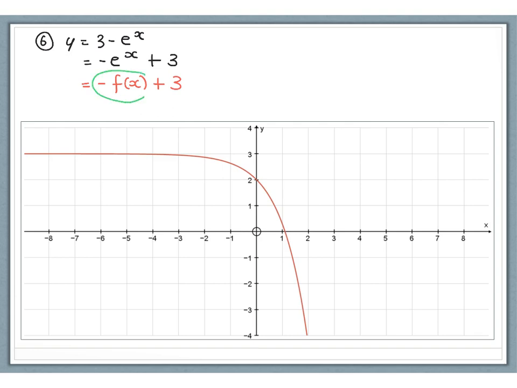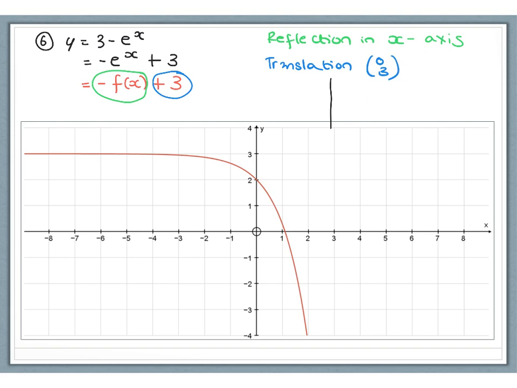The first part of this is the negative f of x, which tells us that we have a reflection in the x-axis, which of course will affect the y-coordinates. The next part of this is this plus 3, which tells us we have a translation with a vector 0, 3, which also affects our y-coordinates. So there are two stages to this transformation.